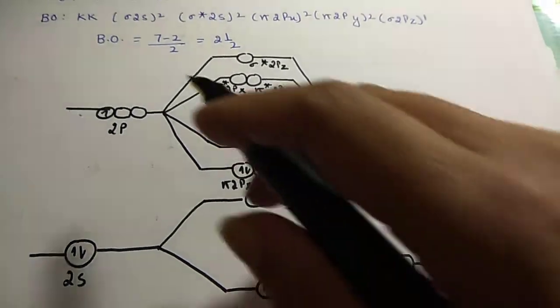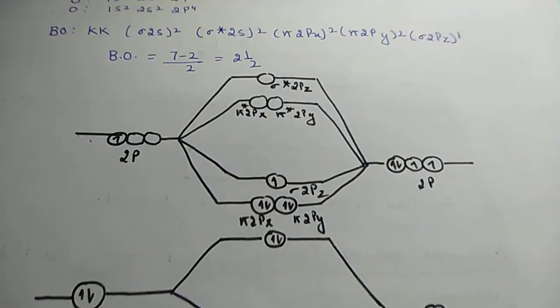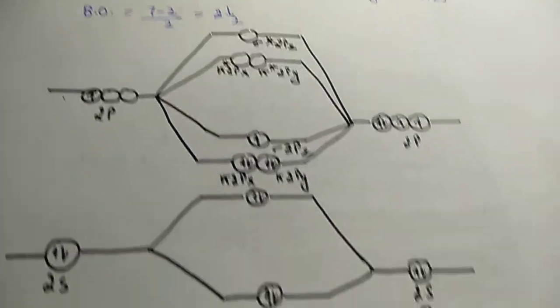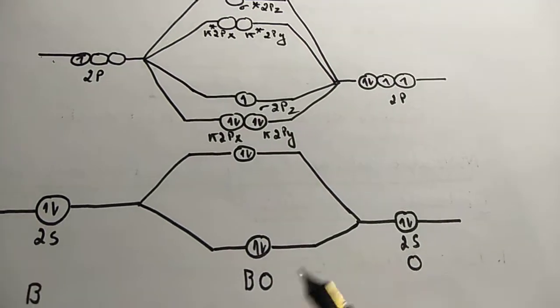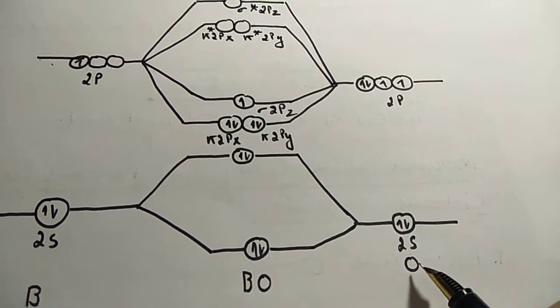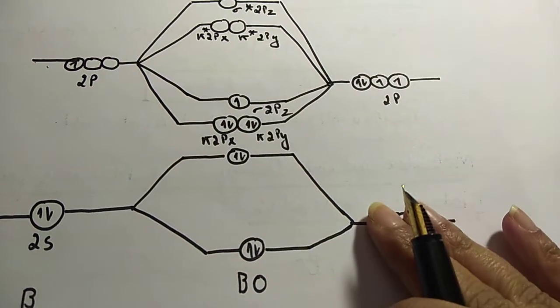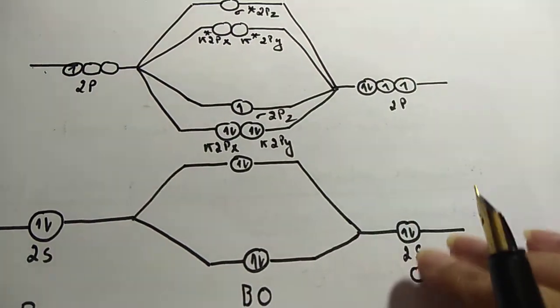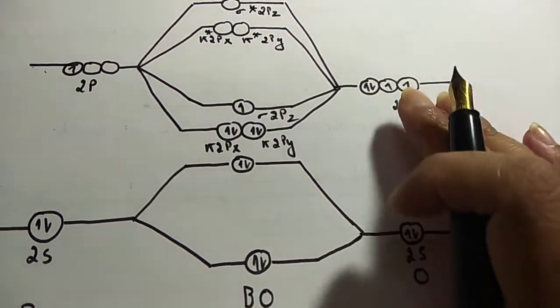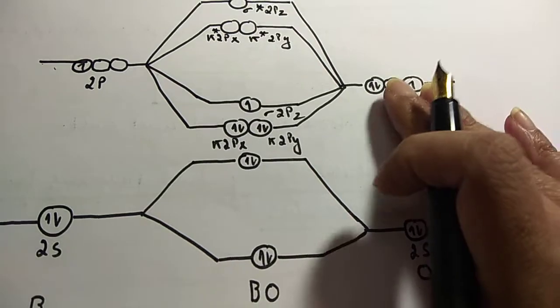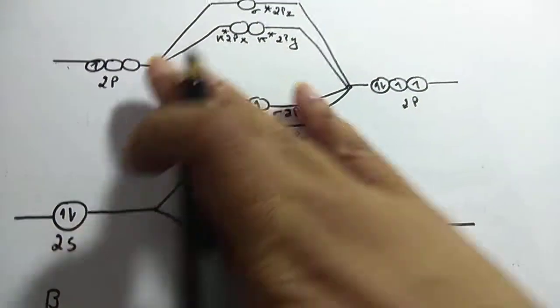Now oxygen is more electronegative than boron, so electrons will lie close to oxygen. So oxygen will be lower. The shells and subshells of oxygen will be lower in energy than boron.